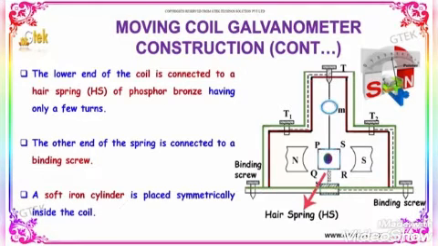The lower end of the coil is connected to a hairspring of phosphor bronze having only a few turns. The other end of the spring is connected to a binding screw. A soft iron cylinder is placed symmetrically inside the coil.